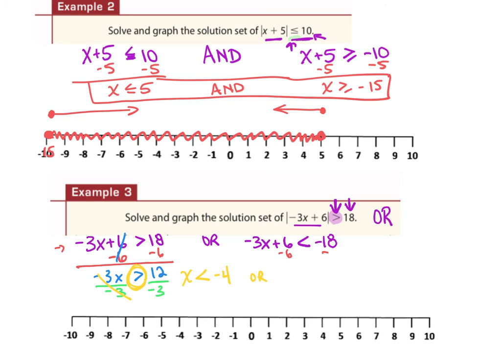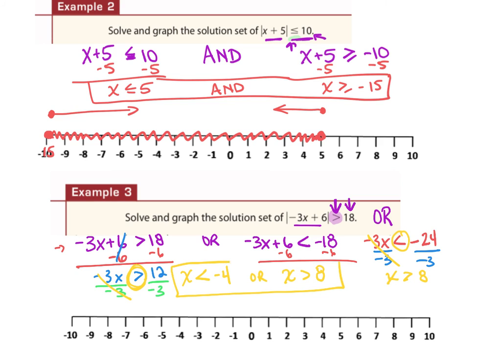Again, I'm going to subtract 6. I have negative 3x is less than negative 24. Divide by negative 3. And again, I'm going to flip it, right? x is greater than 8. x is greater than 8, right? This is my answer.